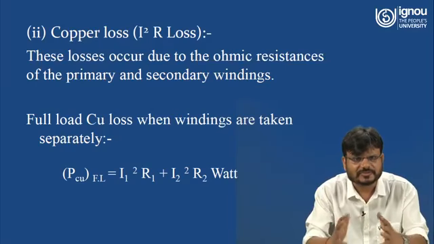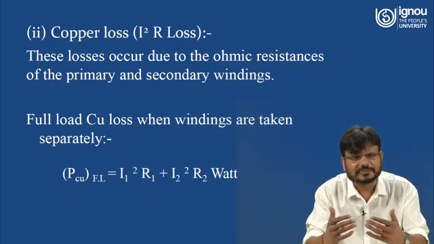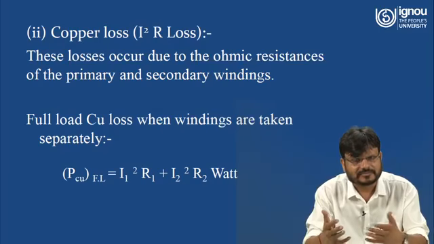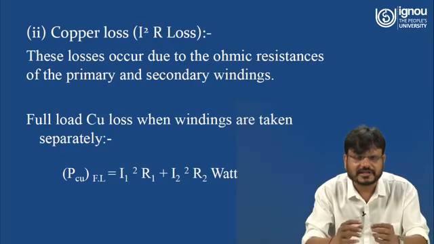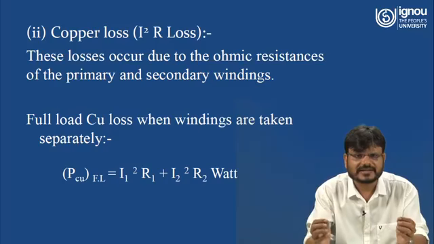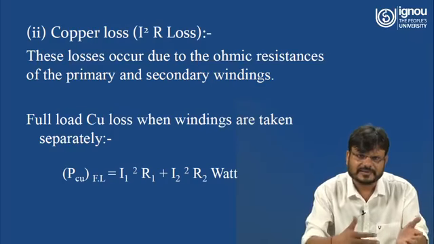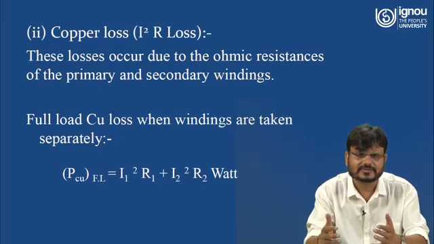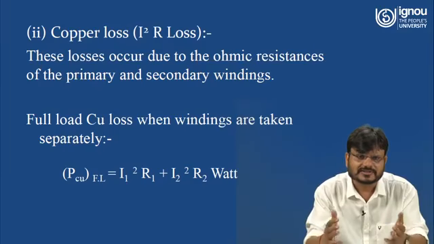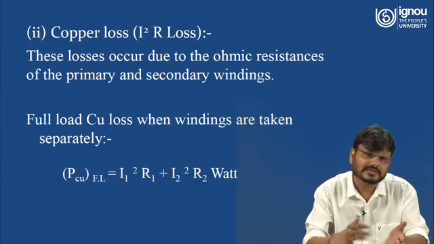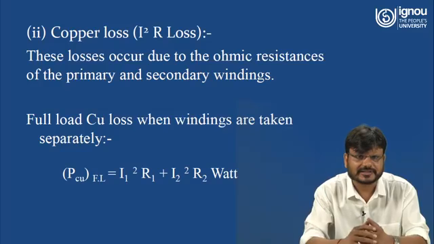This ohmic loss depends on the primary current or secondary current as well as the resistance of that winding. Because the transformer has a primary winding and a secondary winding, these losses will occur on both sides.